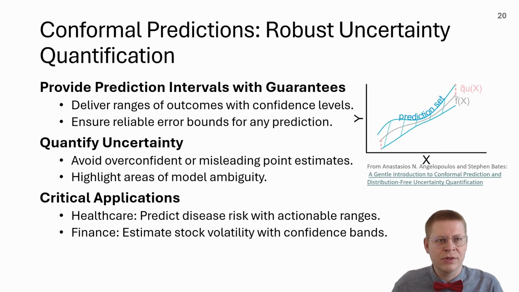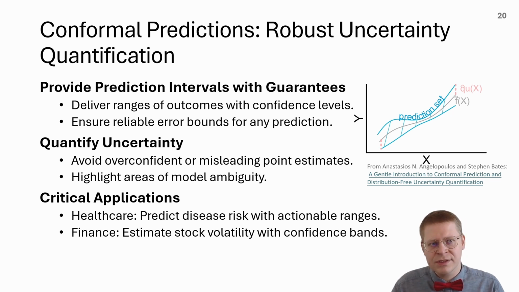Let us talk about conformal predictions, a powerful technique for quantifying uncertainty in machine learning. Unlike single-point predictions that can often mislead, conformal predictions provide a range of possible outcomes, accompanied by formal confidence guarantees.